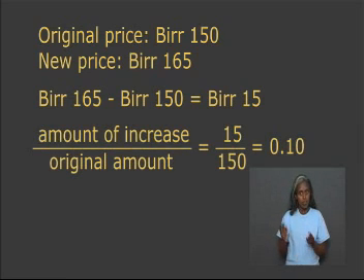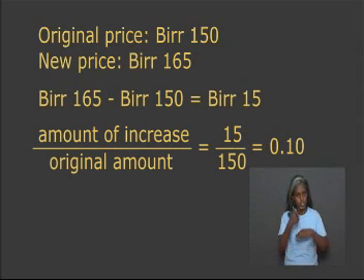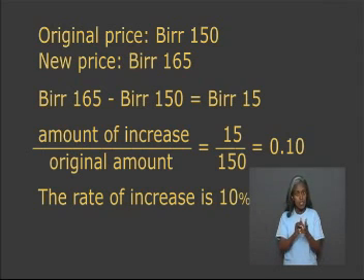The rate of increase is the ratio of the amount of the increase to the original amount. Therefore, the rate of increase is 15 over 150, or 10%. That is a big increase in the price of sugar.